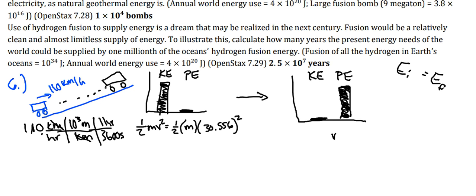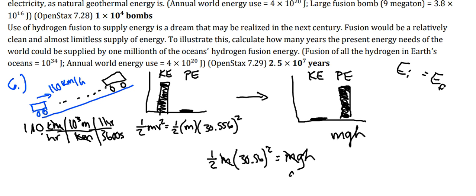So what is potential energy? That's mgh. So this kinetic energy has to be equal in amount to this potential energy. So 1/2 m times 30.56 squared equals m times g times h. Still don't know the mass, but that's fine. We can divide both sides by m, and there it goes.